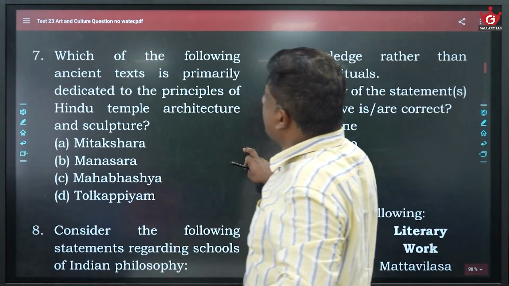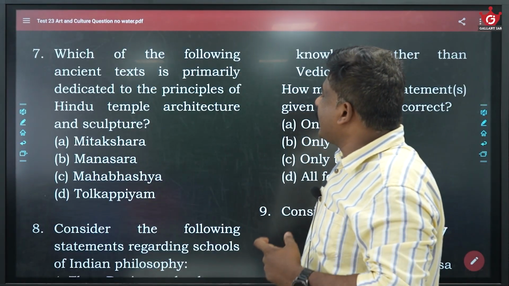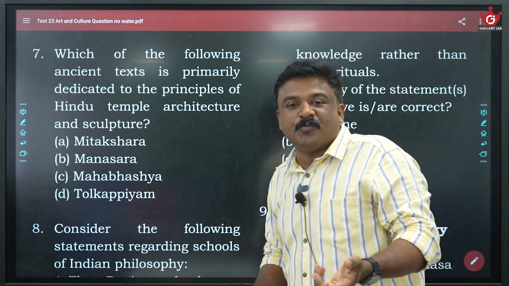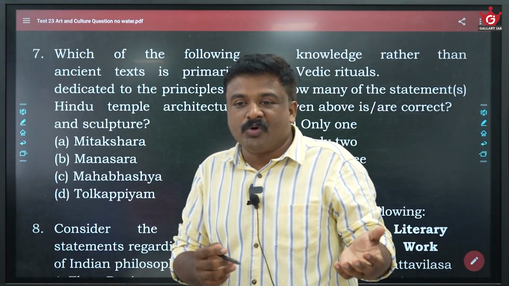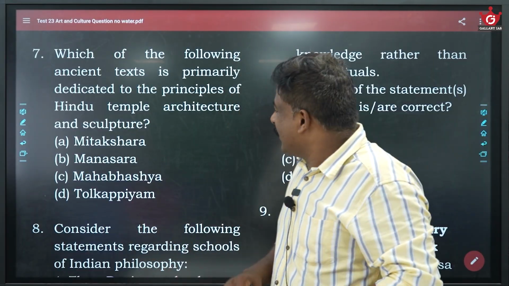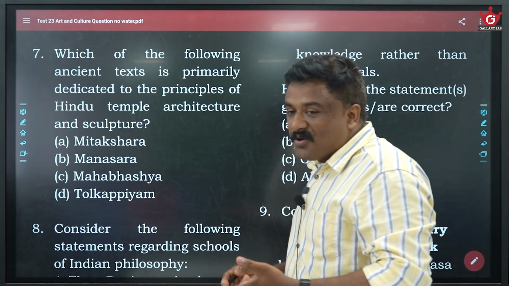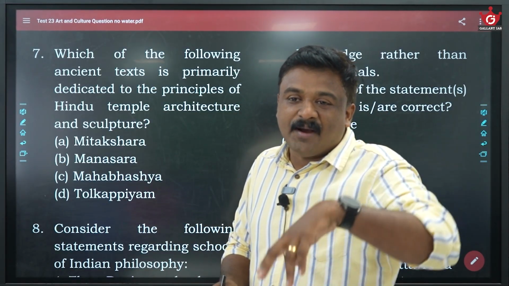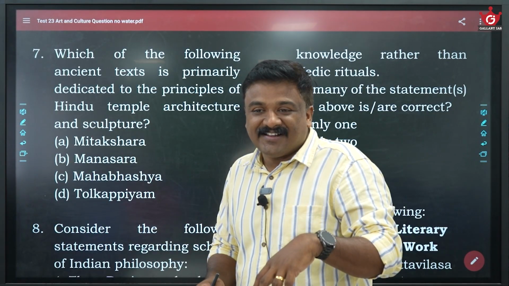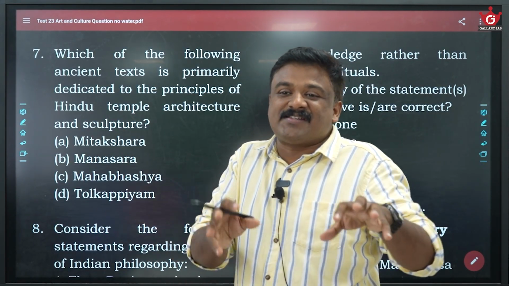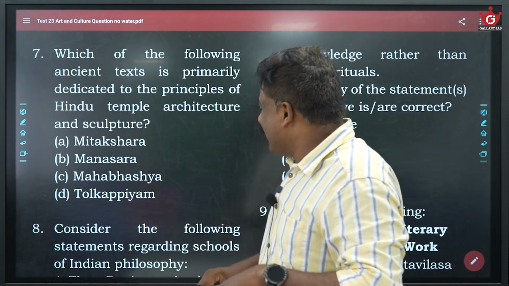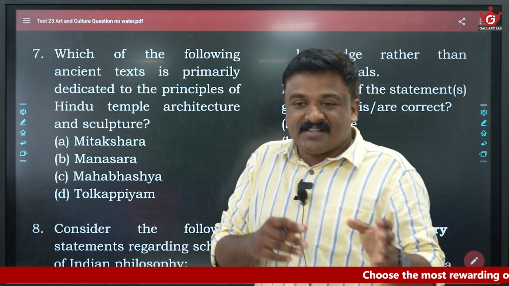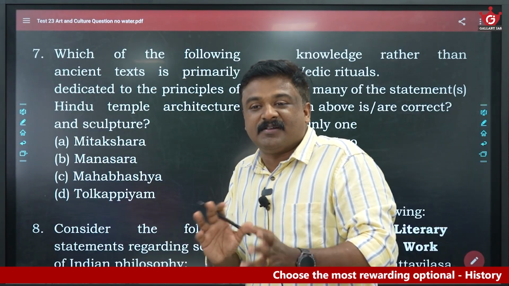There is a question: which of the following ancient texts is primarily dedicated to the principles of Hindu temple architecture? Mitakshara was once asked by UPSC, something related to Hindu inheritance laws. Then Mahabhashya, you know that it's a commentary on Sanskrit grammar, the Ashtadhyayi. Then Tolkappiyam, you know this is related to Sangam literature, a work on Sangam Tamil grammar.